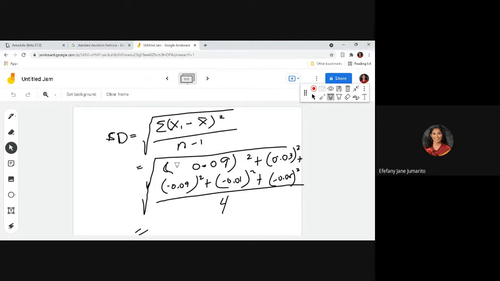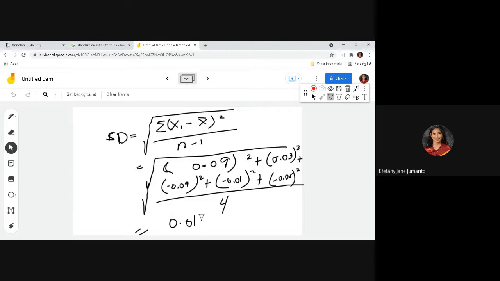We have 0.09 squared plus 0.03 squared plus 0.09 squared plus negative 0.01 squared plus negative 0.05 squared. Negative squared, that's positive.